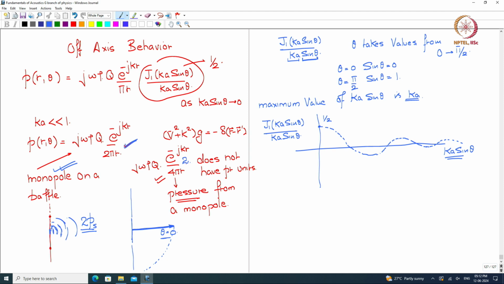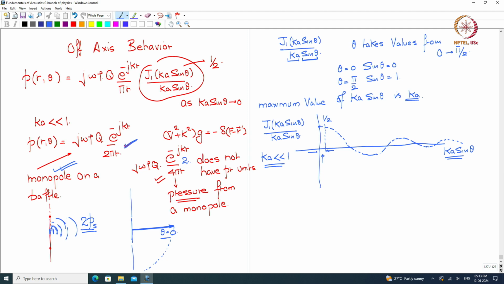Now if ka is very small, then ka sin theta can go from 0 to ka, which is a small value. That is it, because ka is very small.